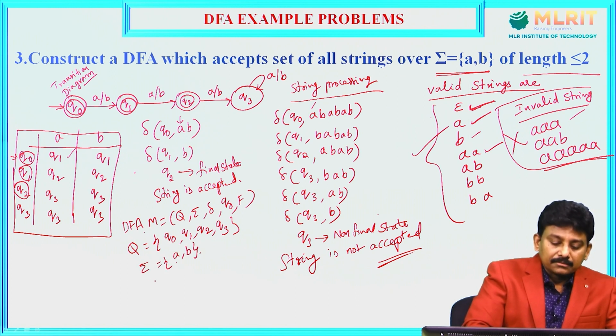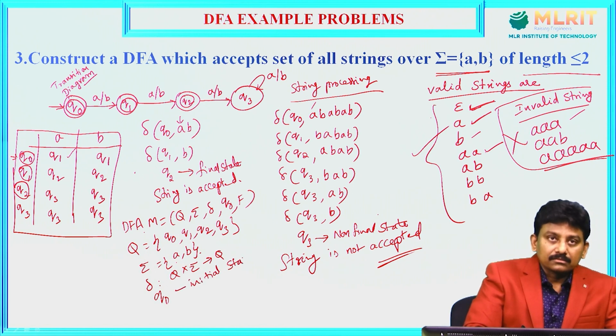Next, delta is a transition function Q cross sigma to Q. Q0 is the initial state. Next, F is the set of final states, not one state but more than one state, that is Q0, Q1, Q2.